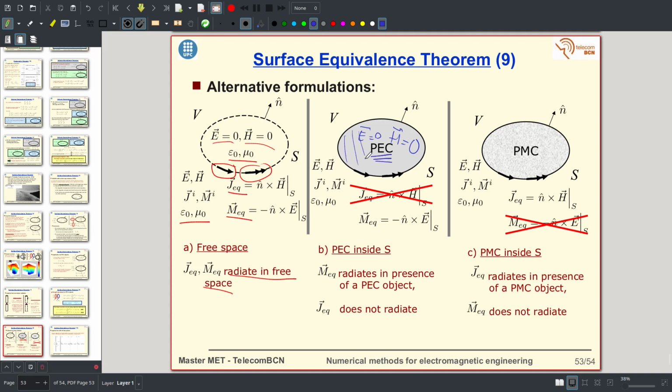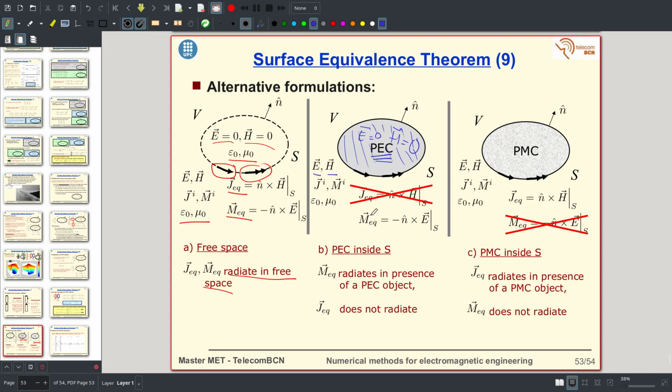The fields are still zero inside. What happens? The electric and magnetic equivalent currents are the same because the boundary condition is the same: the difference between the fields outside, that are E and H, and the fields inside, that are zero.